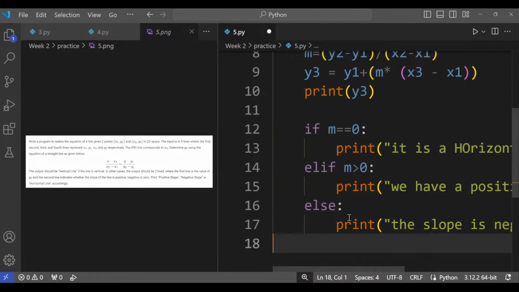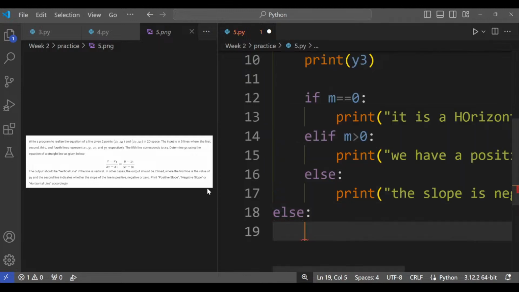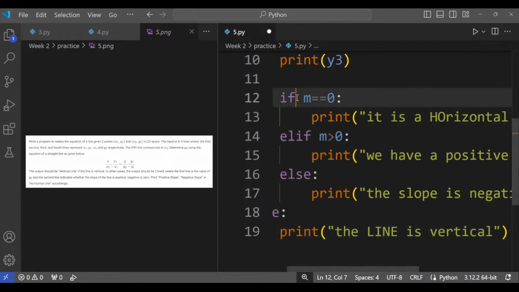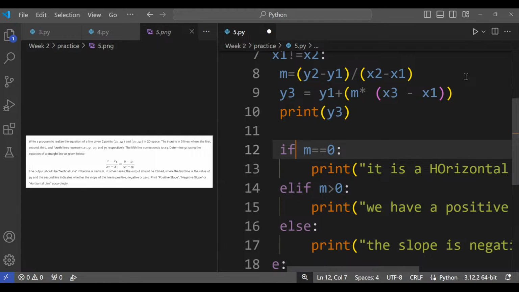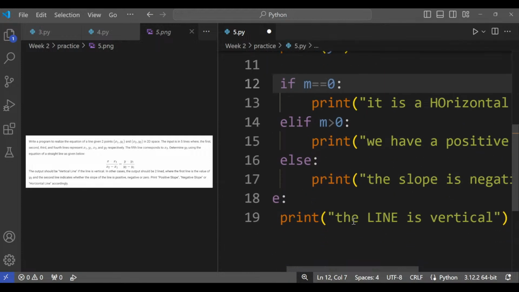Okay, so this covers all the cases except only one case, that is the vertical line that we include here. Else print the line is vertical. So as you can see here, when m double equal to 0, this is the basic slope thing.